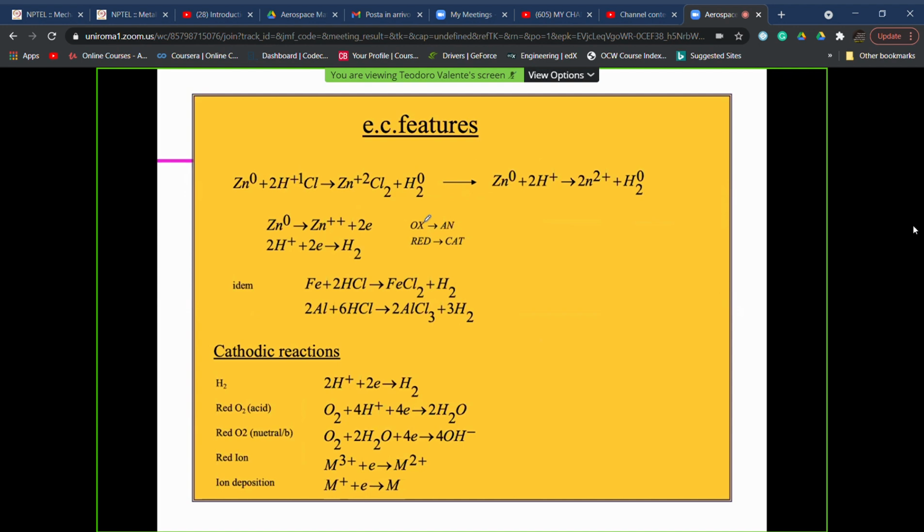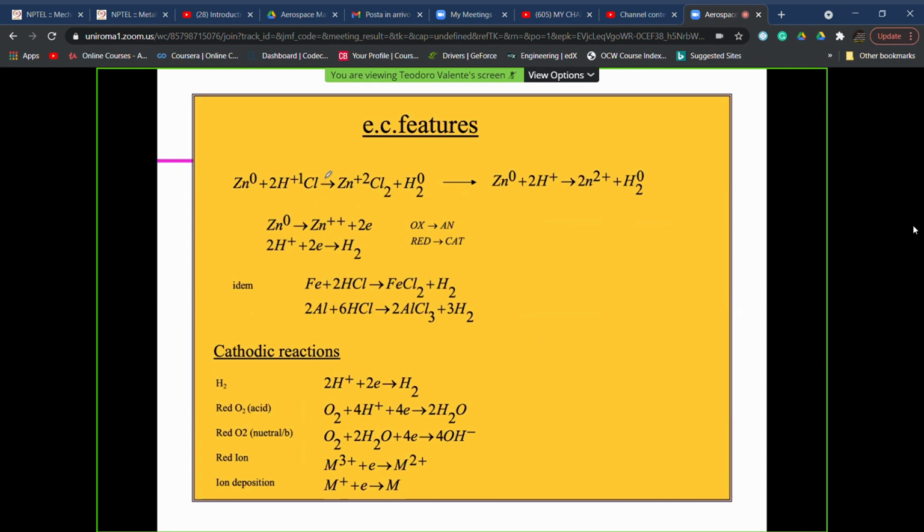Now, let's understand a little bit better and re-enter the thermodynamic approach: what is going to happen when we have an oxy-reduction reaction in a wet environment, an electrochemical-based corrosion phenomenon.